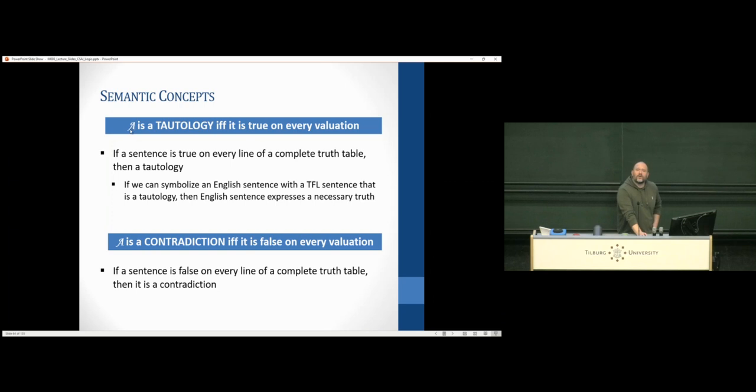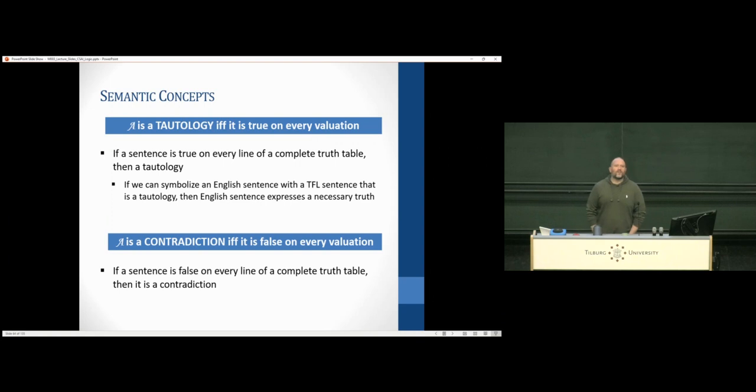Every definition we're going to give, all the semantic notions, are going to be characterized in terms of this. That's why I said this concept is, in some sense, the most important notion that I was going to give you today. Everything about our machinery is going to be defined in terms of valuations, that is, assignments of truth values to atoms. So, a tautology is a TFL sentence true in every valuation.